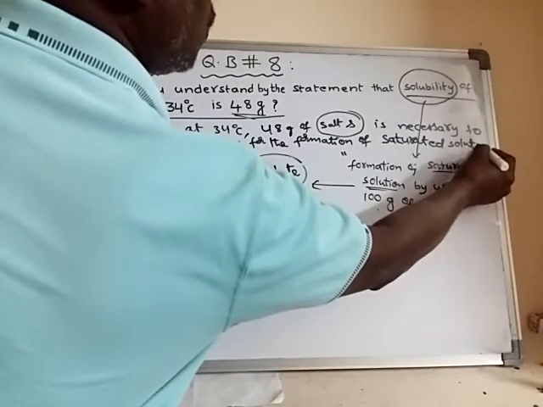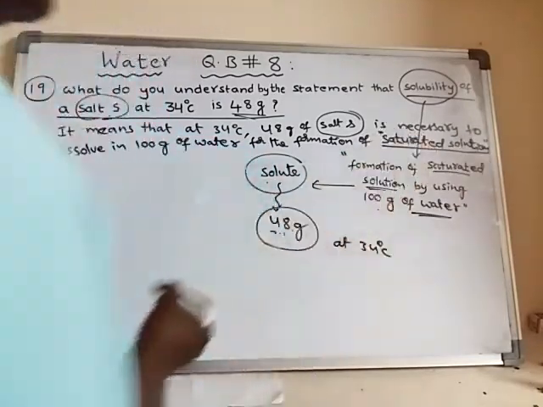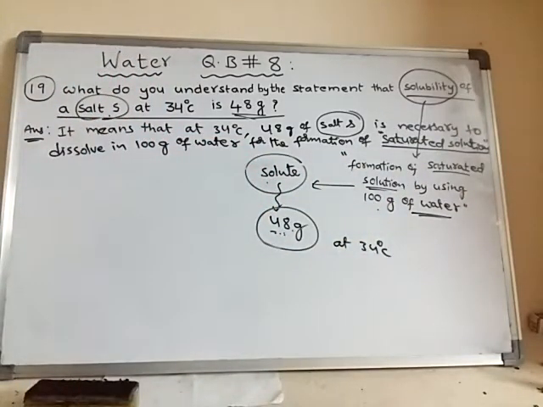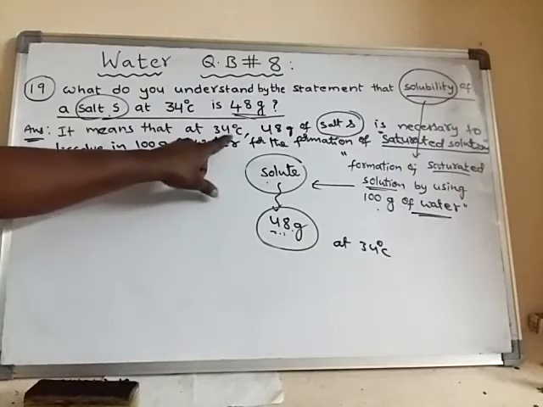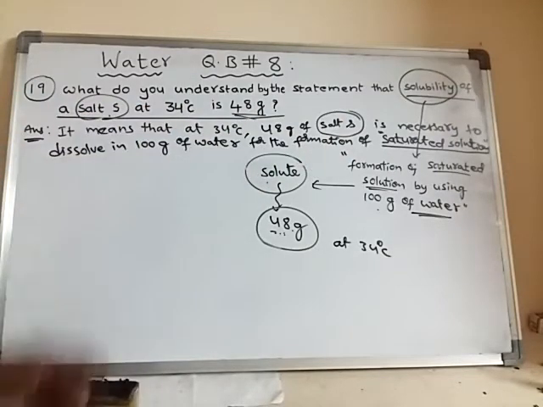So what type of solution we have to prepare? Finally it is forming a saturated solution. In order to prepare a saturated solution at 34 degrees centigrade, we have to add 48 grams of that salt in 100 grams of water. Then only a saturated solution is prepared, otherwise it is not.